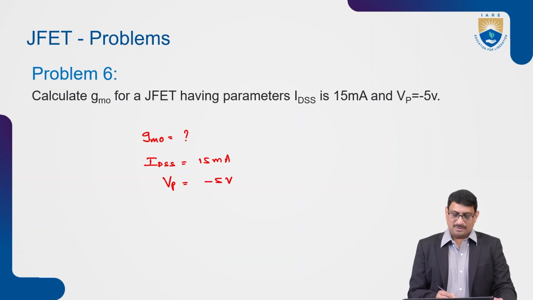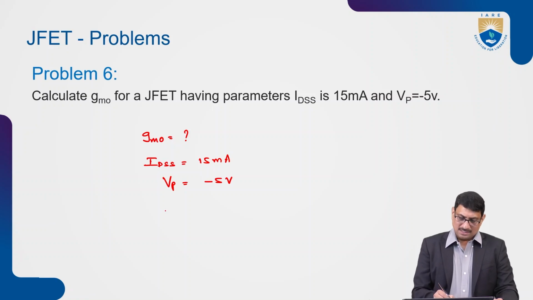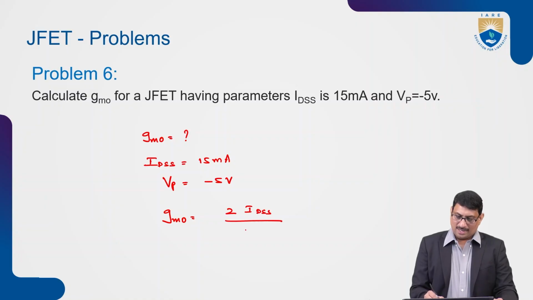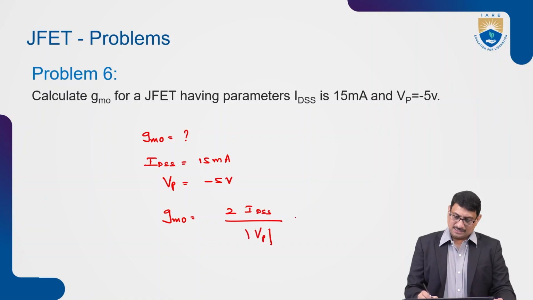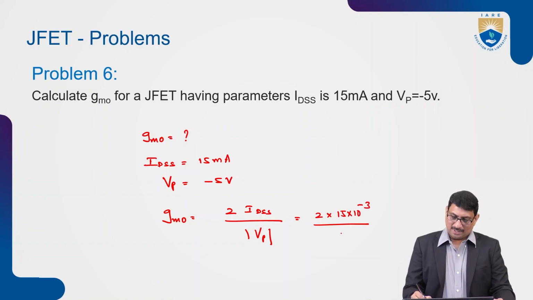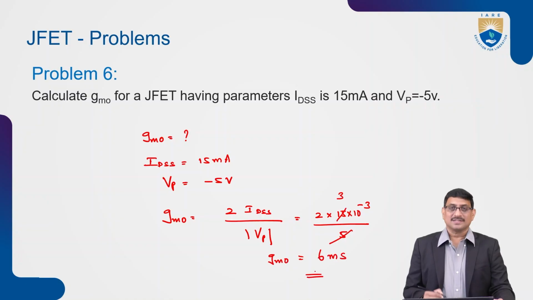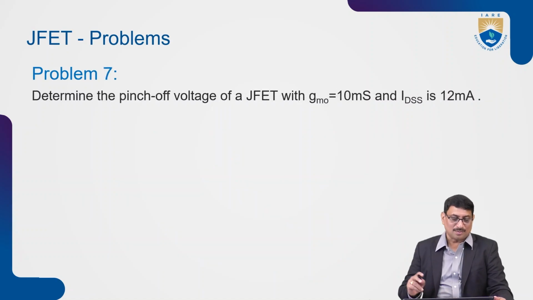We know the relation between GM naught, IDSS and VP as GM naught equal to 2 IDSS divided by the magnitude of VP, which is 2 into IDSS 15 milliamperes divided by the magnitude of VP, 5 volts, or 2 into 3, it is 6 millisiemens. So once you know these formulas, it is easy to calculate. These are problems pertaining to JFET parameters. We'll move on to the next problem.